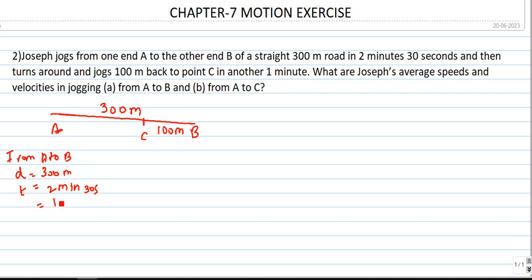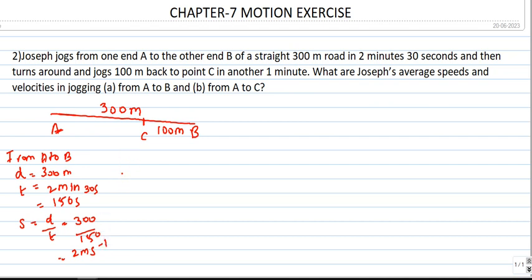This is 150 seconds. So the speed will be distance by time, which is equal to 300 by 150, which is 2 meter per second.